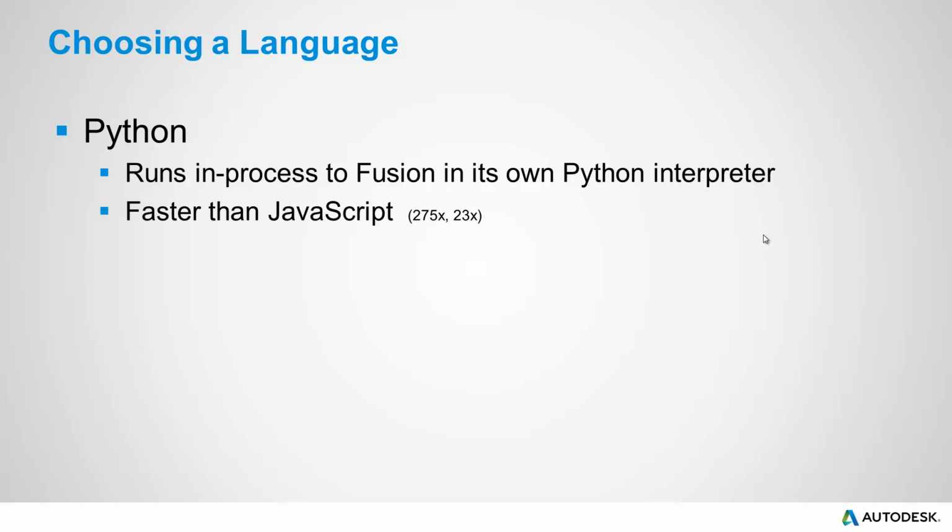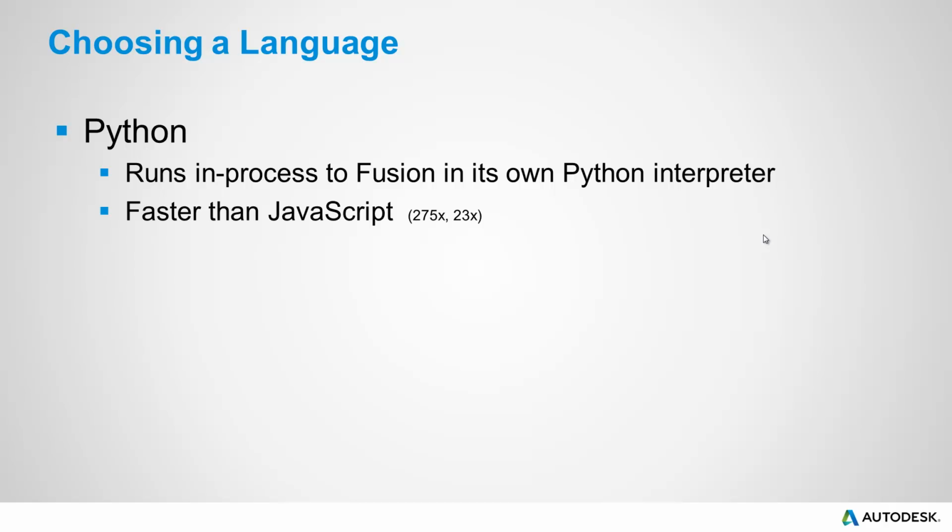So Fusion doesn't have to do any work, but there's just an API call to ask Fusion for a value, and then Fusion passes that back. And so that program, which basically just tests the overhead of making an API call, is 275 times faster in Python than in JavaScript.